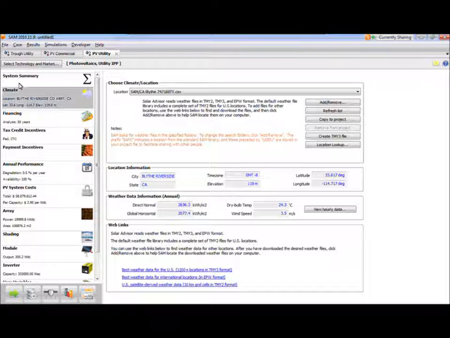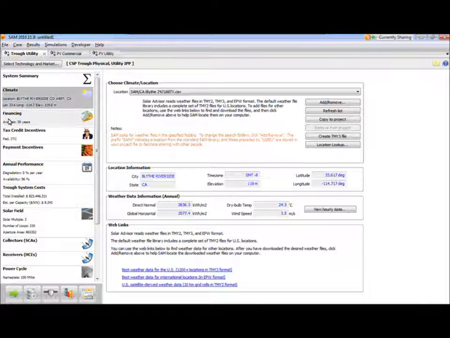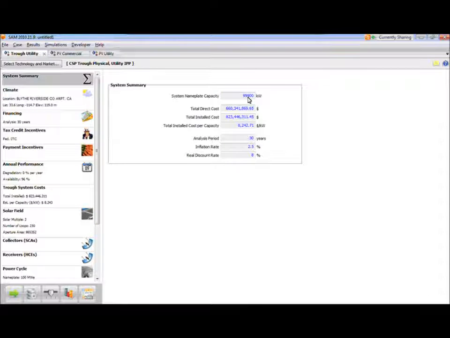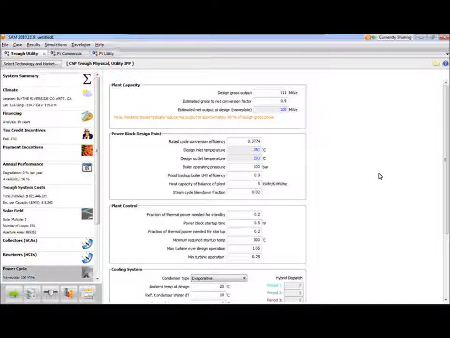And then our Trough system has a nameplate capacity of 100 megawatts. And for Trough systems, the system nameplate capacity is determined by the power cycle nameplate capacity.